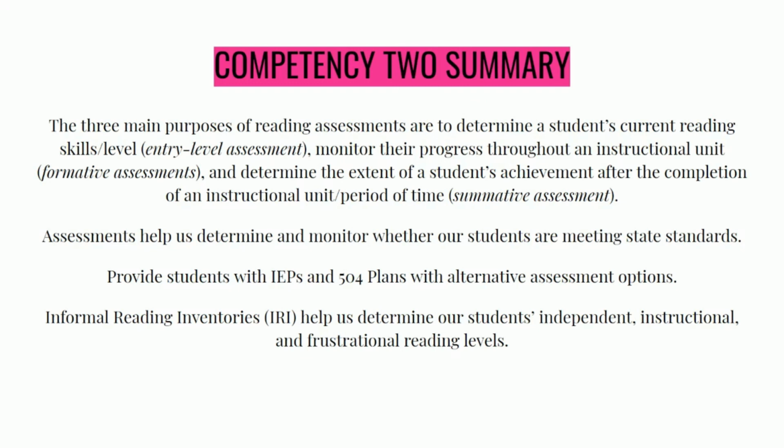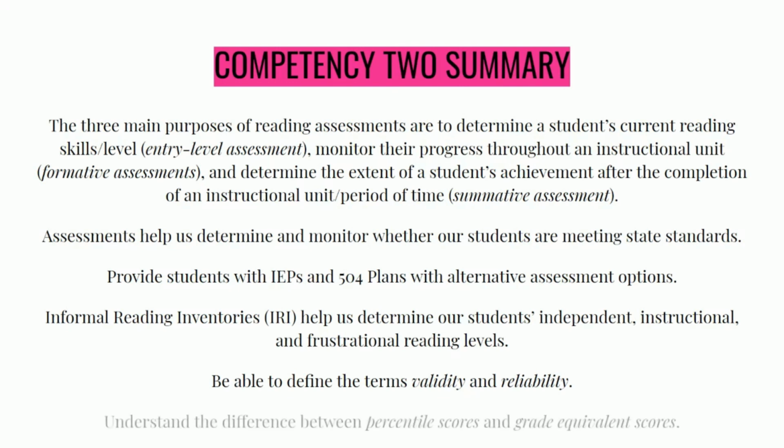You should also know the percentages associated with the 3 reading levels, so independent, instructional, and frustrational. You should be able to define the terms validity and reliability in terms of reading assessments. So again, validity means that the test is measuring what it is supposed to measure, and reliability means the test scores are consistent.